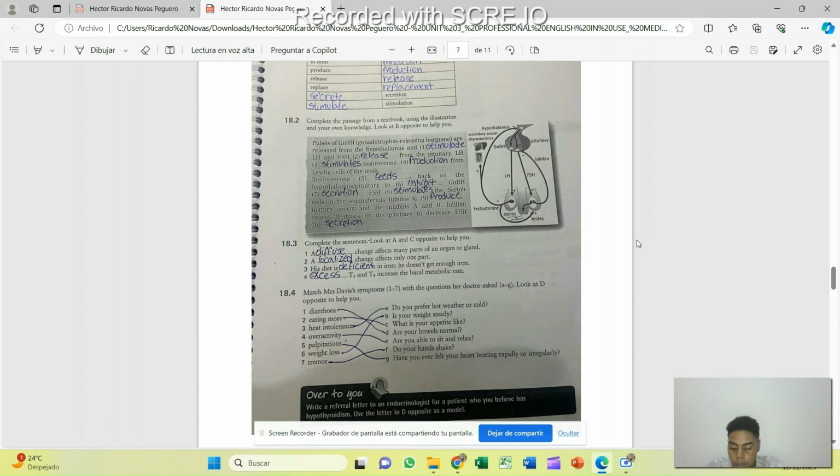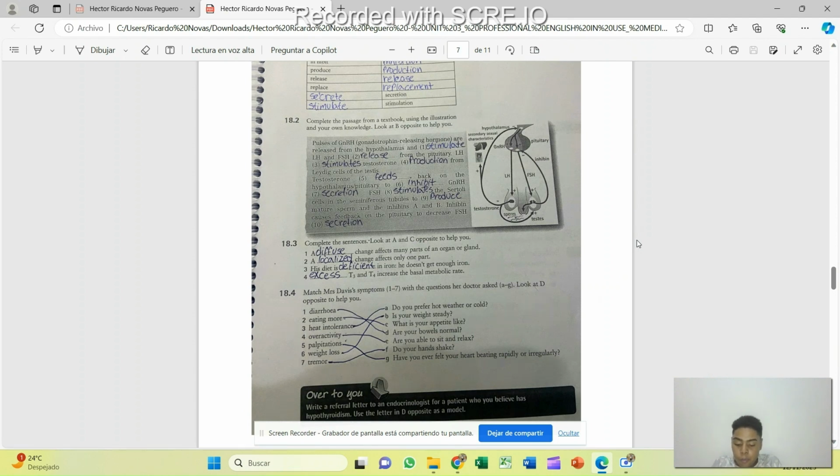Pulses of GnRH, gonadotropin releasing hormone, are released from the hypothalamus and stimulate LH and FSH release from the pituitary.